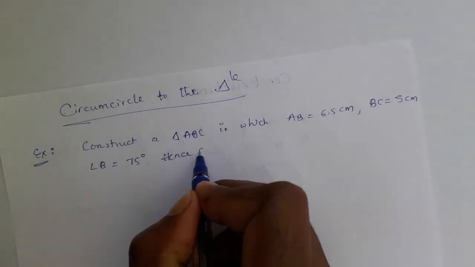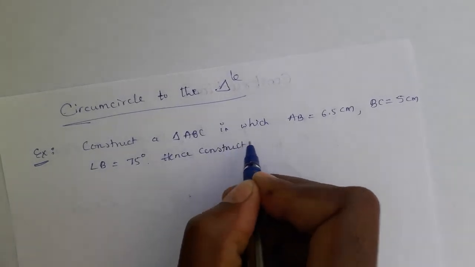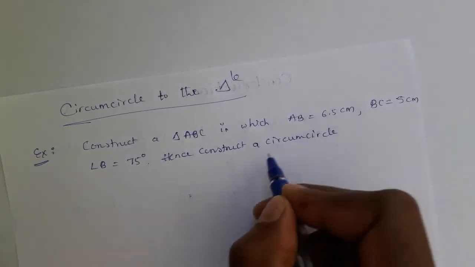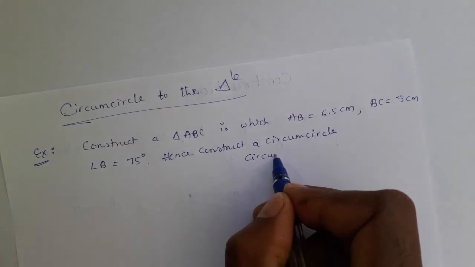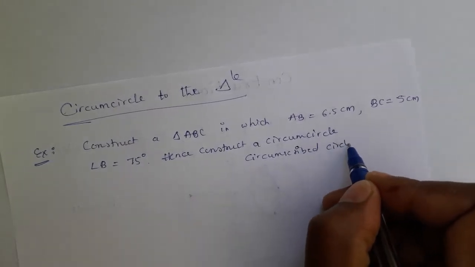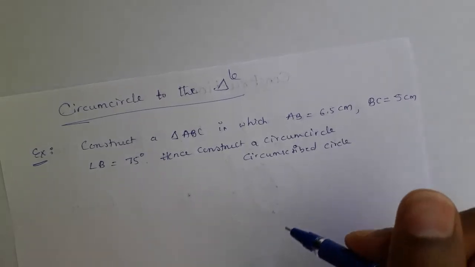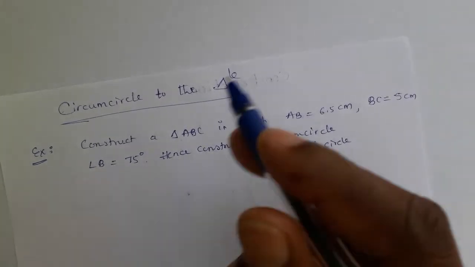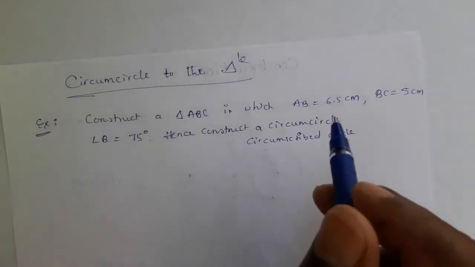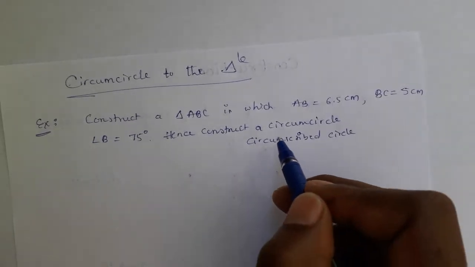Hence construct a circumcircle, sometimes they call it a circumscribed circle. Circumcircle or circumscribed circle means the triangle is inside and the circle is passing through all the three vertices. The circle passes through all the three vertices of the given triangle.